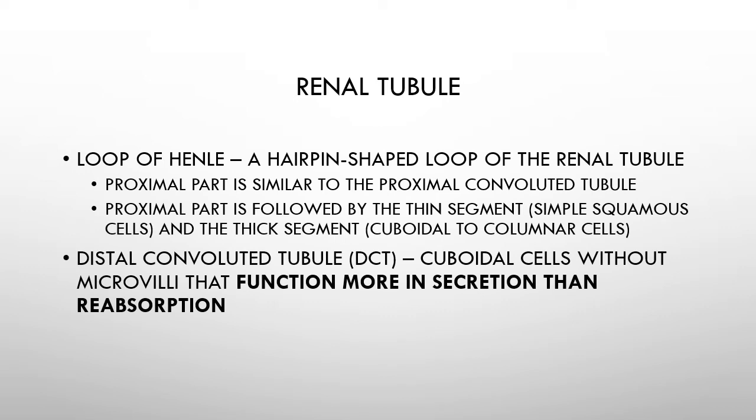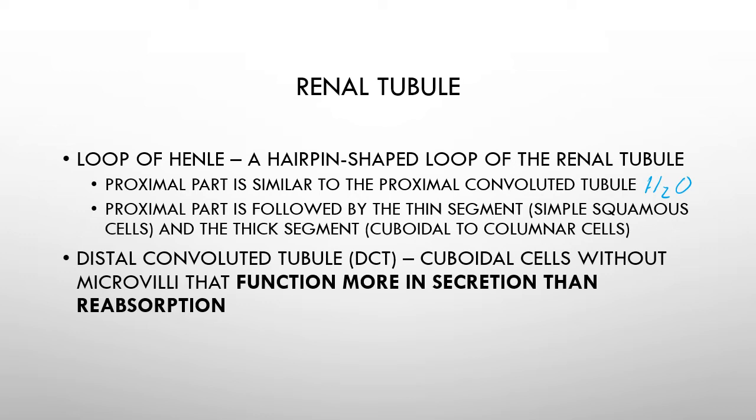The loop of Henle, once again, is going to continue to reabsorb water, especially in terms of that descending loop. The portion that is near the proximal convoluted tubule is going to continue to reabsorb water as we move down that descending loop.